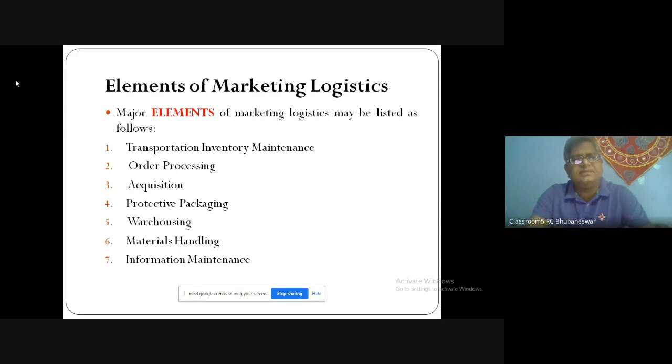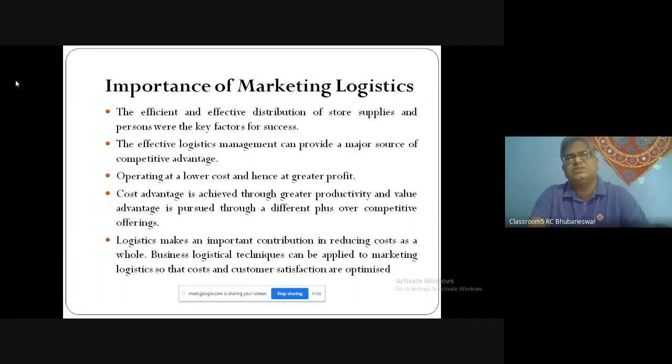There are different elements. What are the elements? Order processing is there, acquisition is there, packaging system is there, warehousing facility is there, material handling is there, information maintenance is there. So these are some issues which are undertaken in marketing logistics.